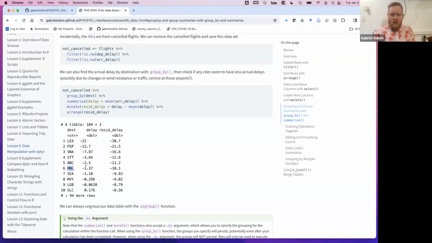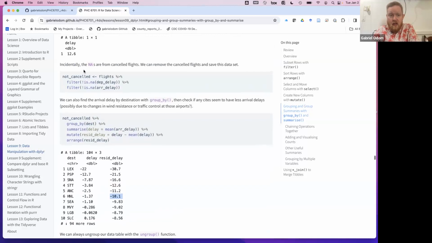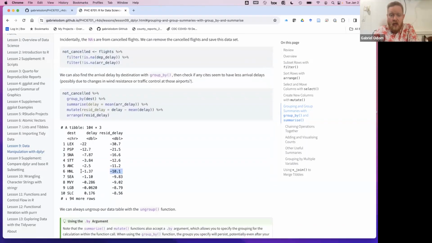So it looks like Honolulu on average, they get into their destination a few minutes early in terms of the delay, but compared to the average delay, they're actually 10 minutes earlier than average, because the average delay is somewhere around 12 and a half minutes. So even though they are only showing up a minute and a half early, if you will, compared to all of the other flights, they're even showing up a little bit earlier than that.